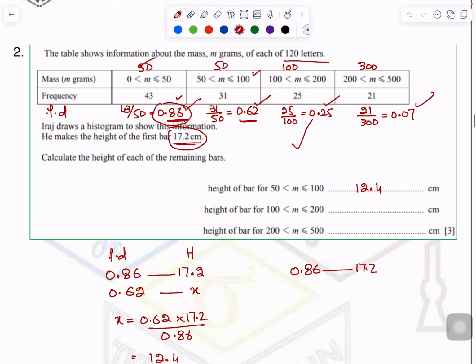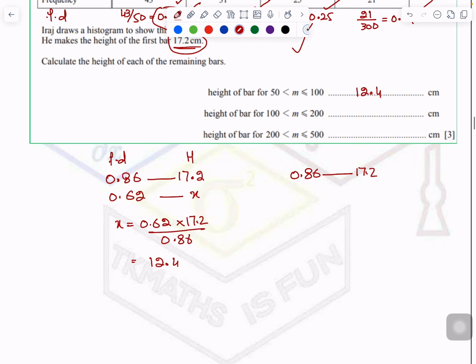And now we are finding out for the third one, which is 0.25. What height will it have? So you can again do cross multiplication and get it quickly. 0.86, calculator please. So it is 5 centimeters.